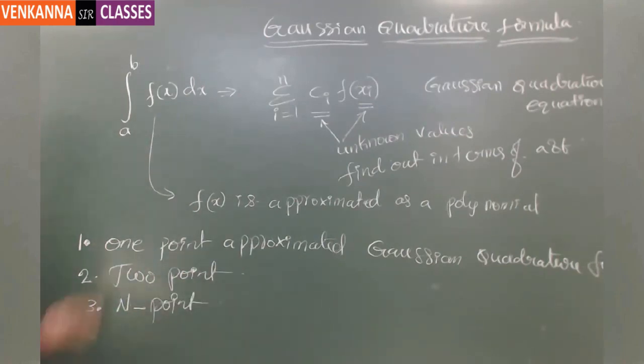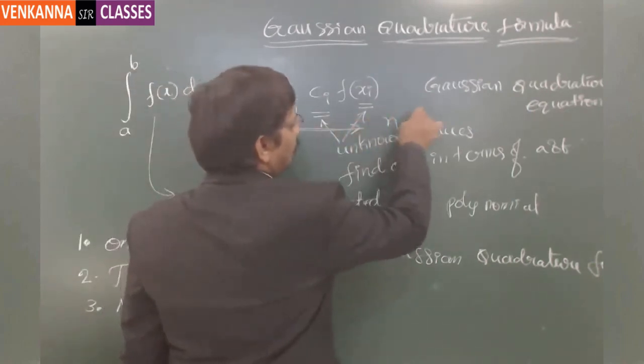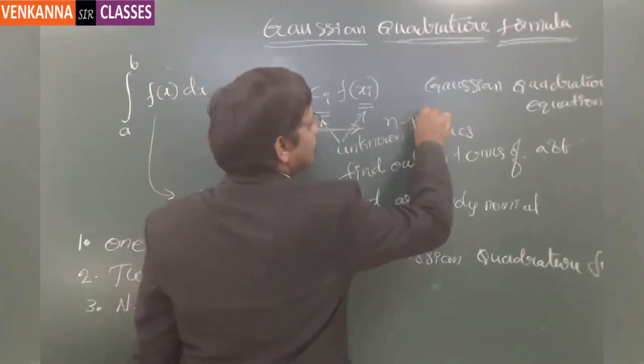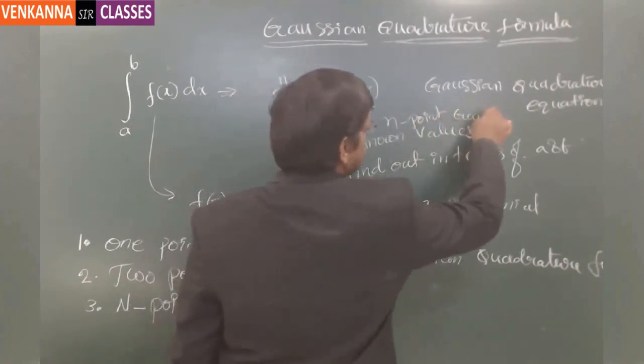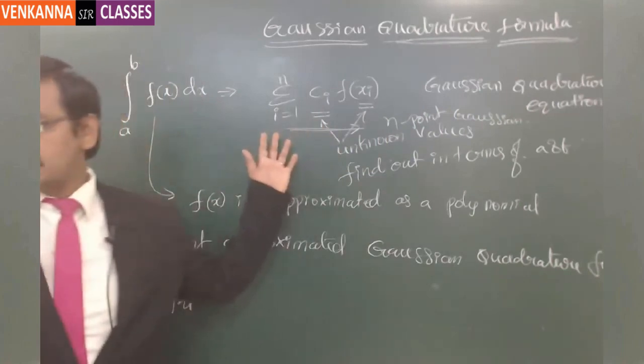So here actually this is what I have expressed. This is the n point Gaussian quadrature equation.